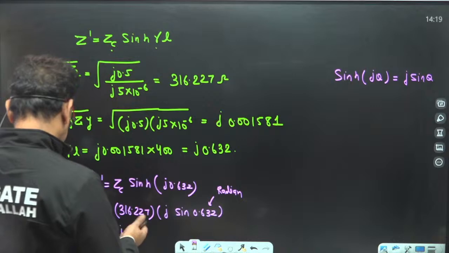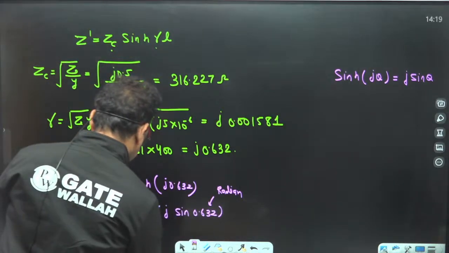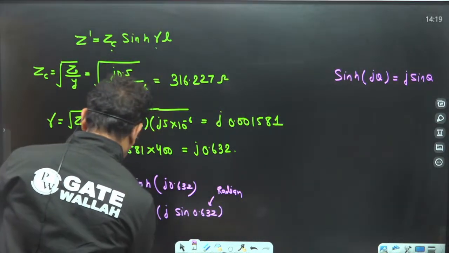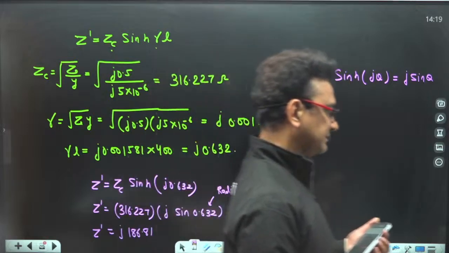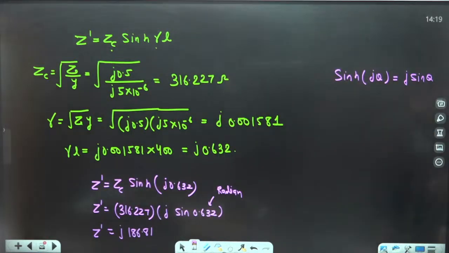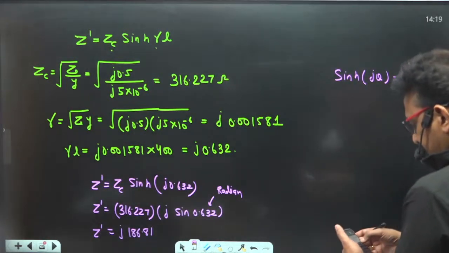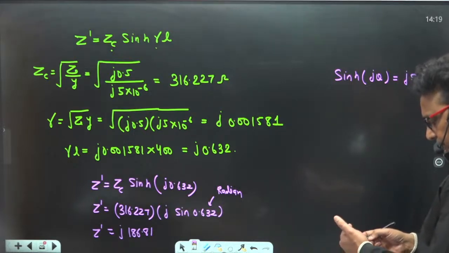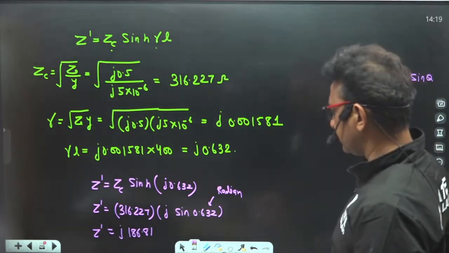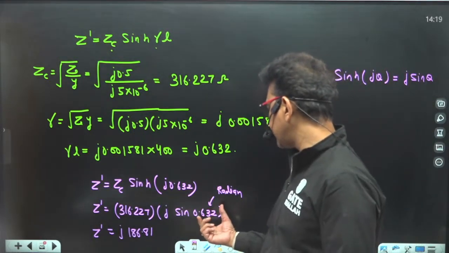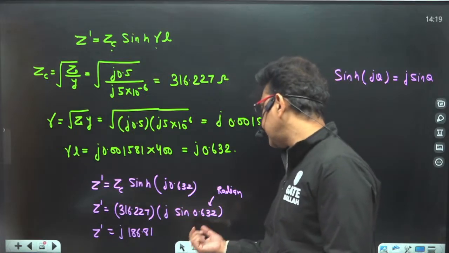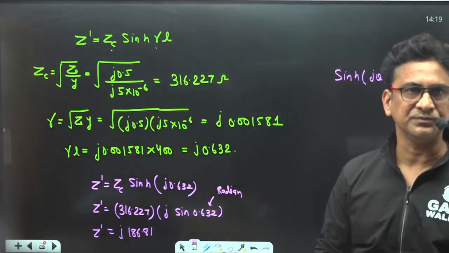It is 186.8. This is the Z dash. Clear? So, first you have to convert the mode from degree to radian in your calculator, then find out the value of sin theta. It is 0.632.